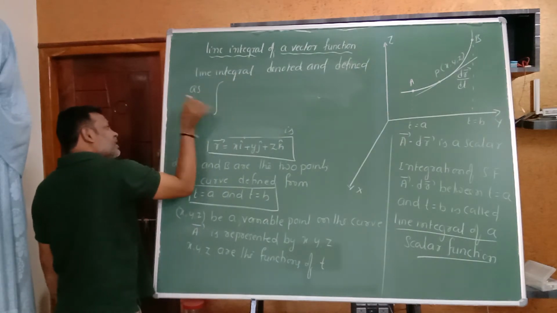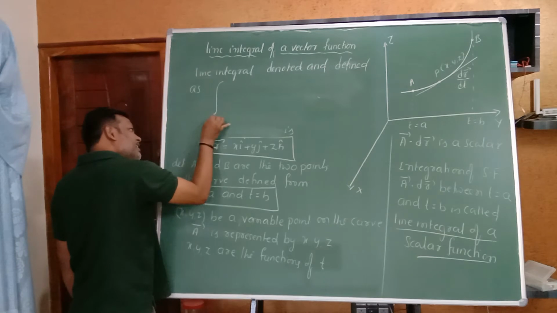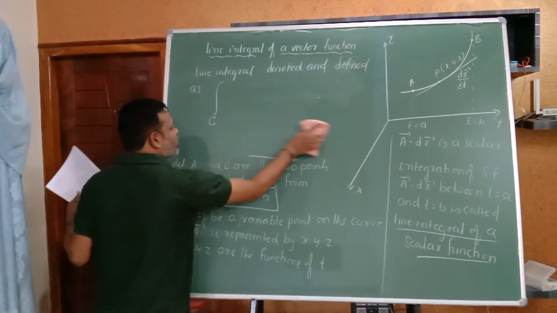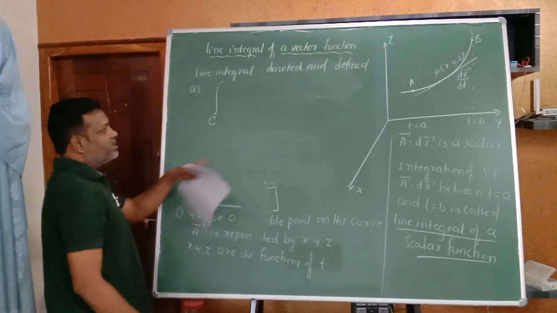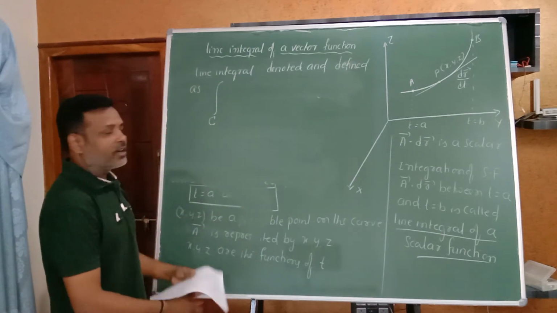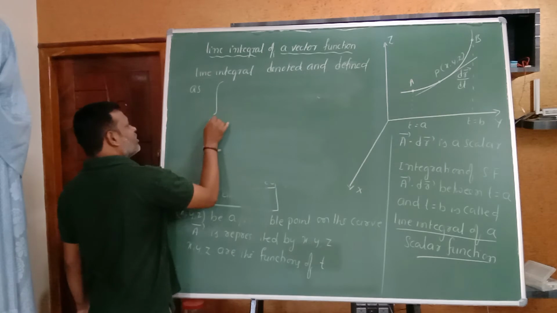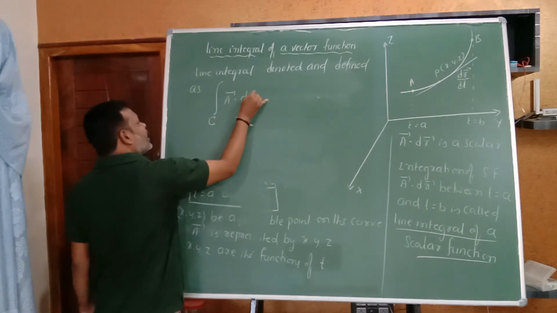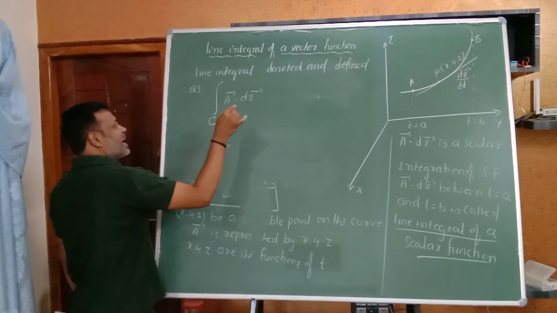Integration over C. C is nothing but a curve. Why have we taken a curve here? On this curve only we are defining a vector function. Therefore, the integral over C of a vector dot dr vector, we call it the line integral.